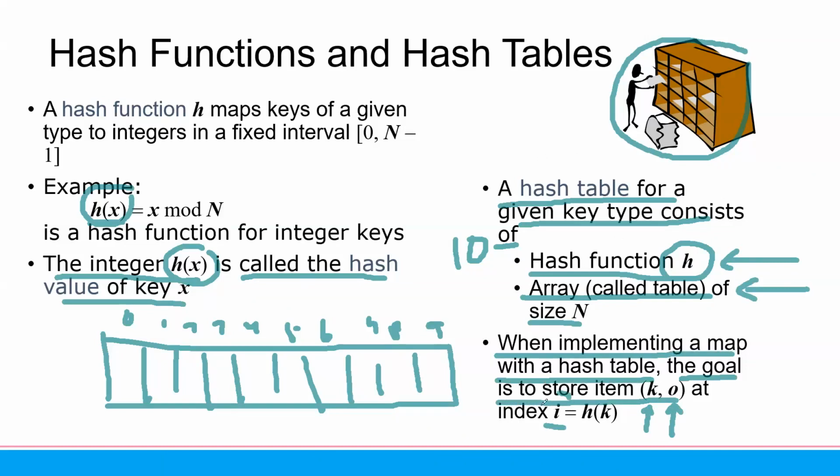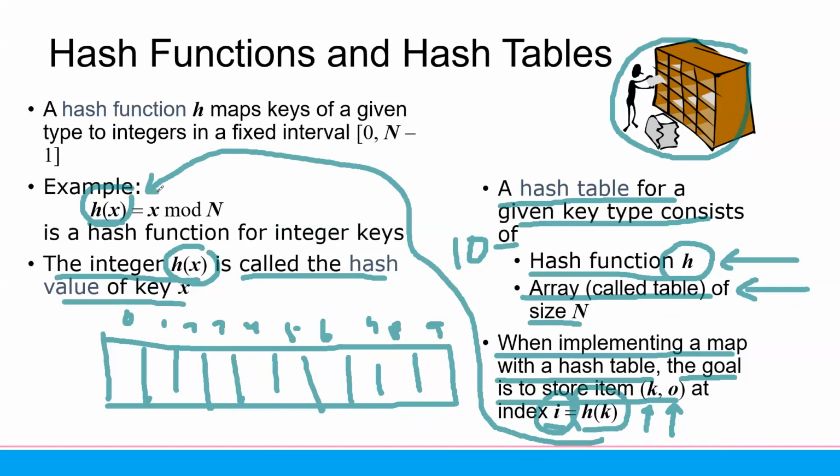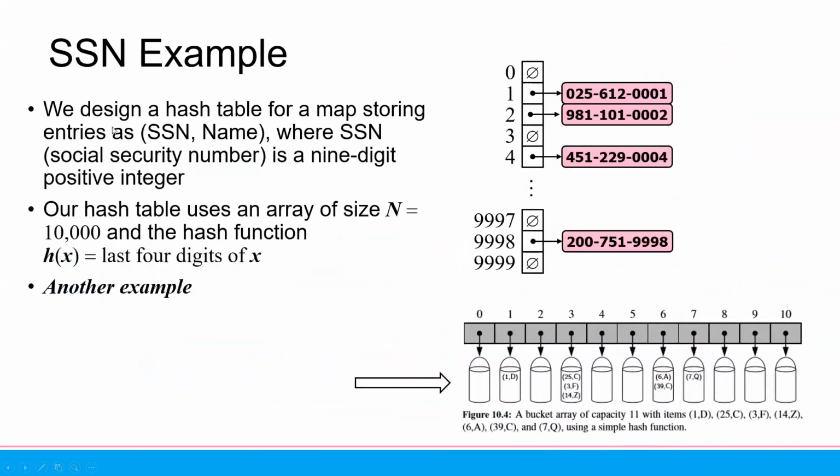What is i? i is the value from the hash function, h(k). SSN is the social security number.